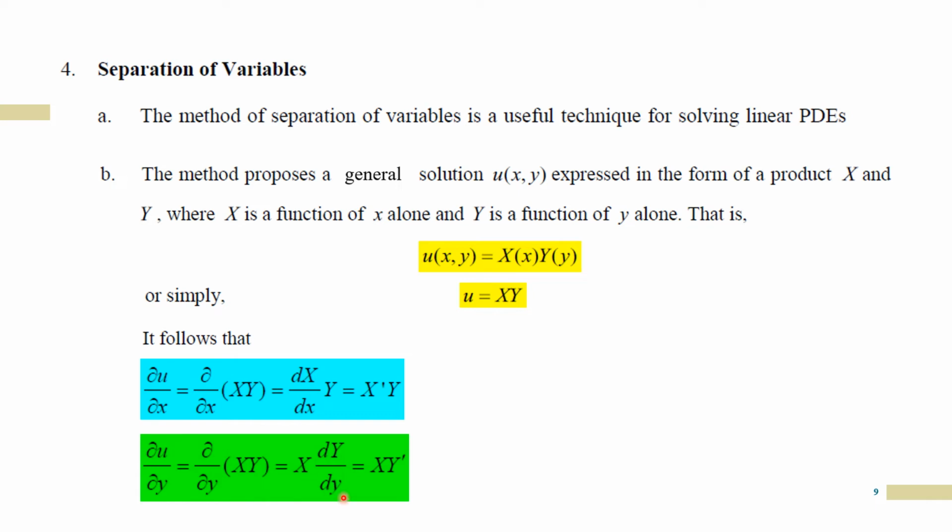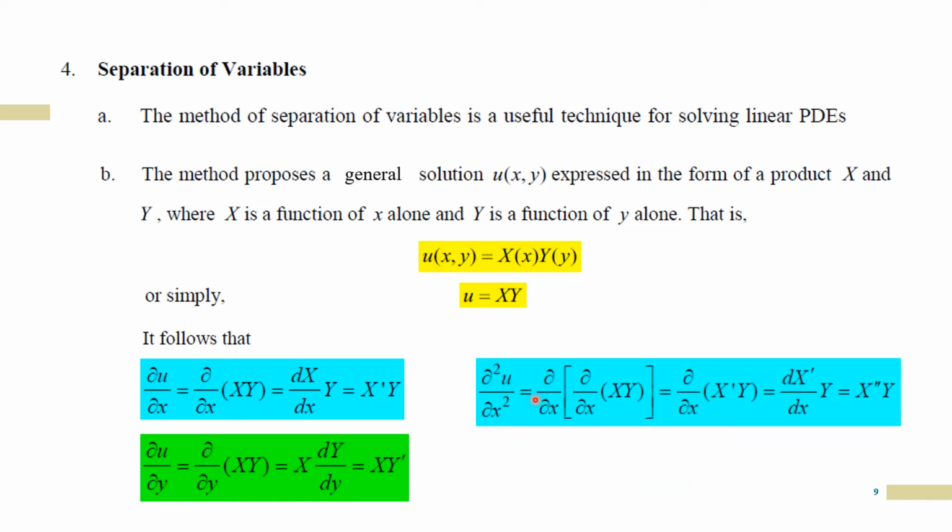Because the derivative involves only one single independent variable, it is sufficient to use the ordinary derivative d. Okay, so ∂u/∂y becomes X dY/dy, but dY/dy can be rewritten as Y prime. So ∂u/∂y from partial derivative now becomes an ordinary derivative in the form of X Y prime.